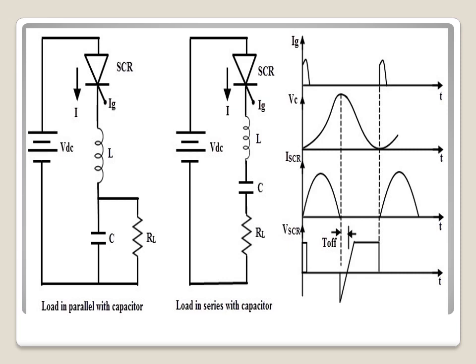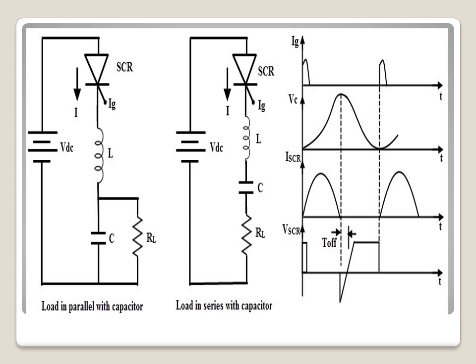Now you will see the working of Class A commutation. On applying an external DC input signal, the current starts flowing through the circuit. In order to turn on the SCR, a gate trigger pulse is required.